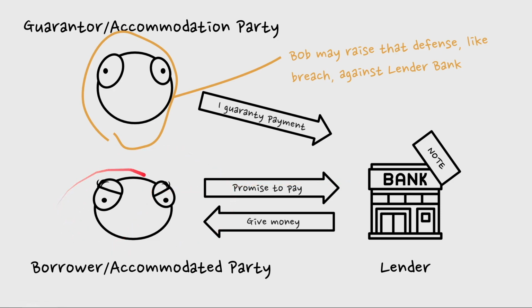Whatever defense Barb would have against the lender, Bob can also assert as the accommodation party. So you can think of examples. Let's say the bank never delivered the funds to Barb, so they breached. Well, that would be an example of a defense that Barb could raise, that Bob could also raise.